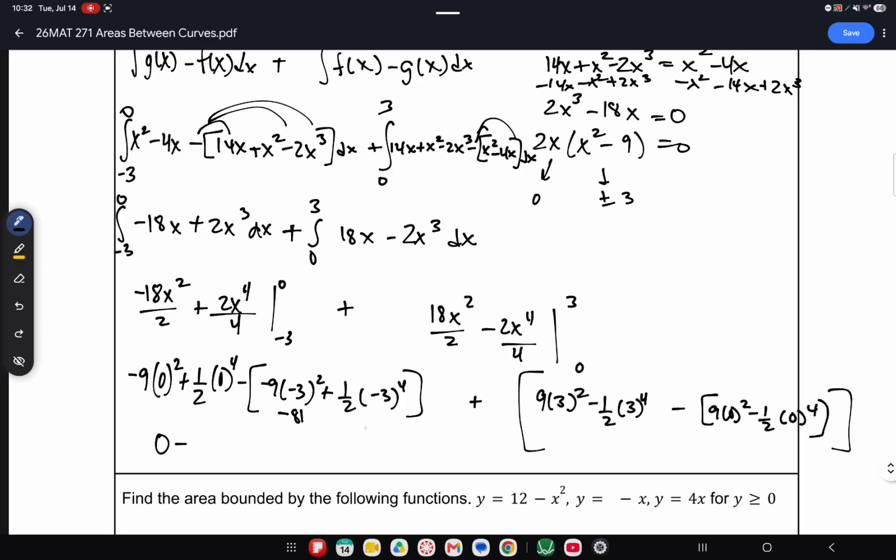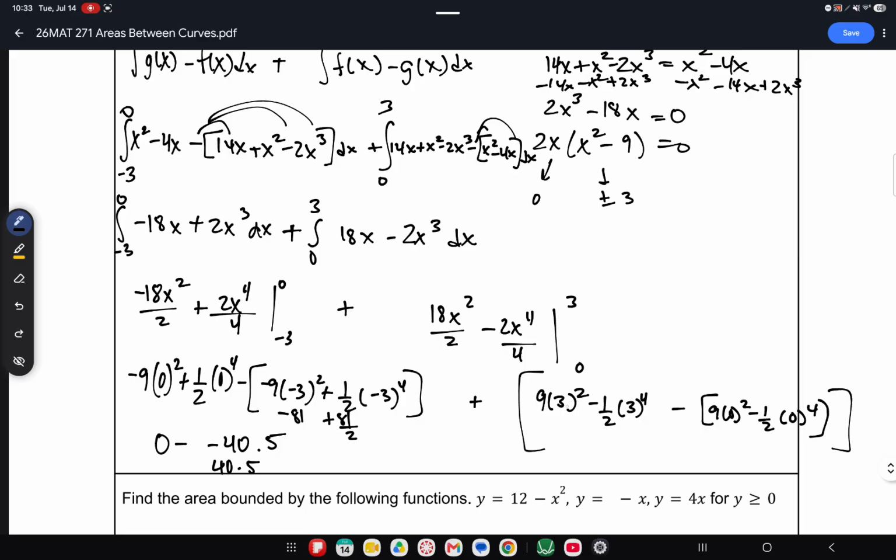And then 3 to the 4th is 81, but times 1/2. So let's see, a negative 81 plus 81 over 2 is a negative 40.5. So minus a negative really is going to leave me with 40.5.